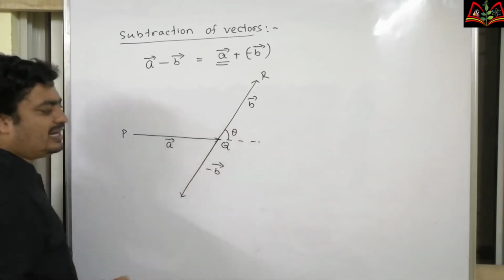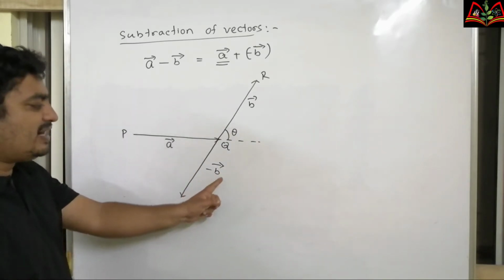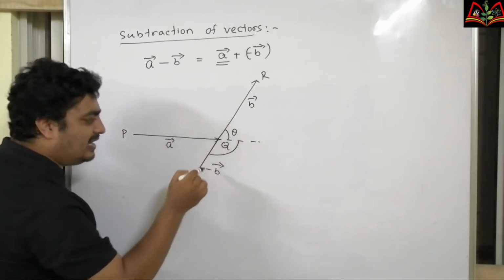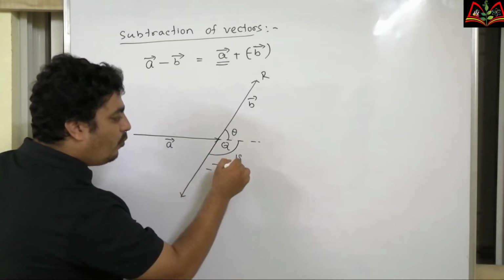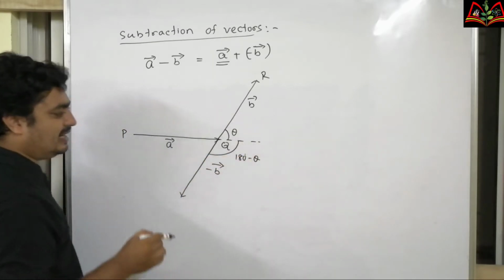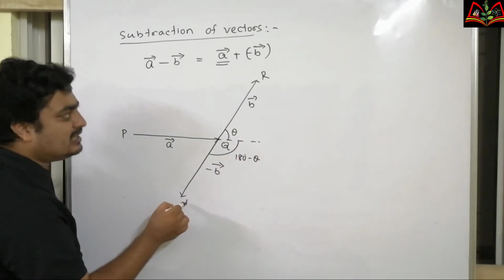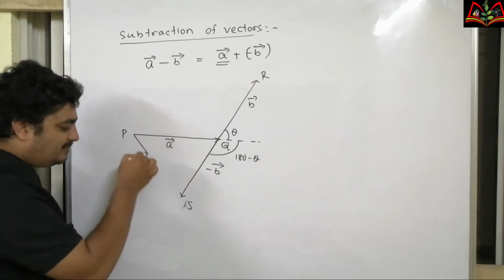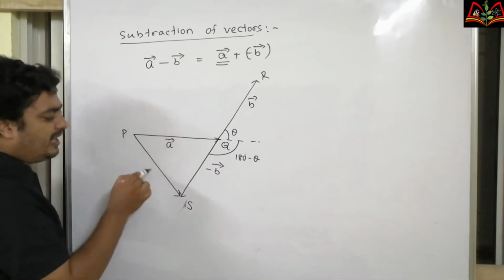So this vector will represent the negative vector of B. Now the angle between A and minus B is 180 degrees minus theta. Now if this is QS, then A plus minus B is equal to PS.